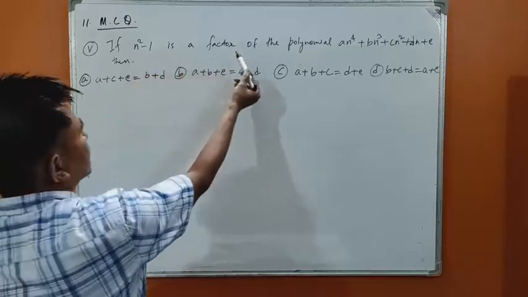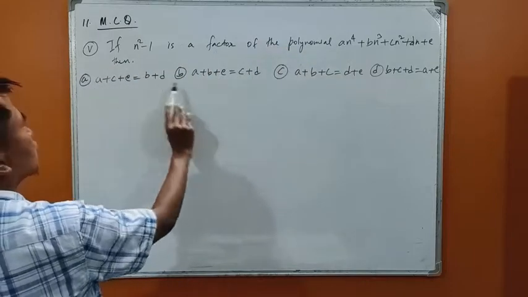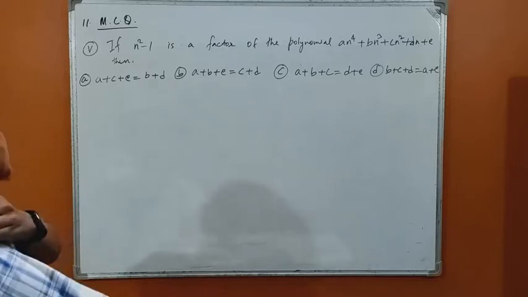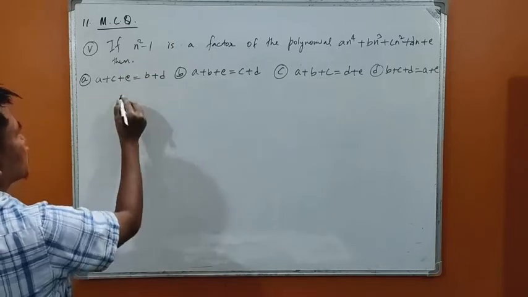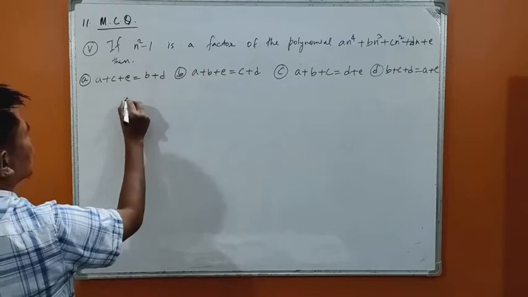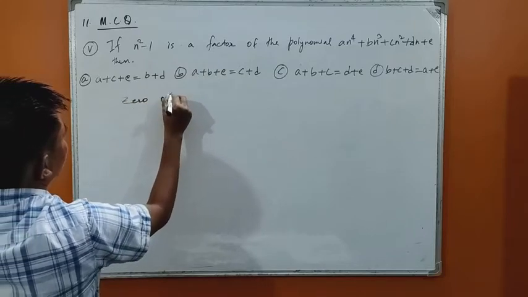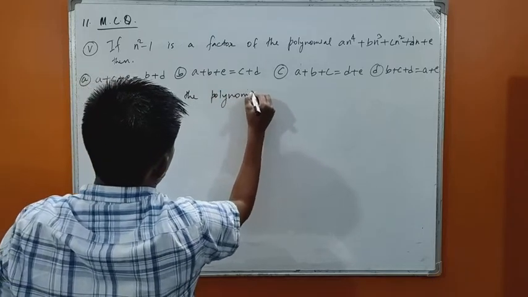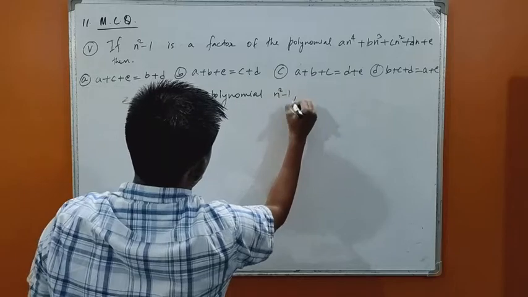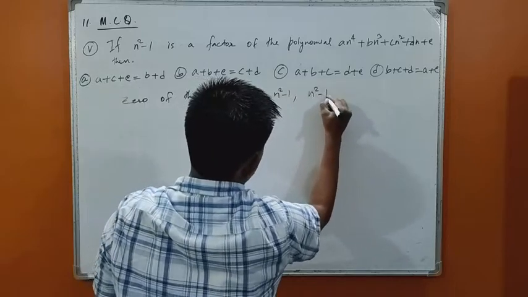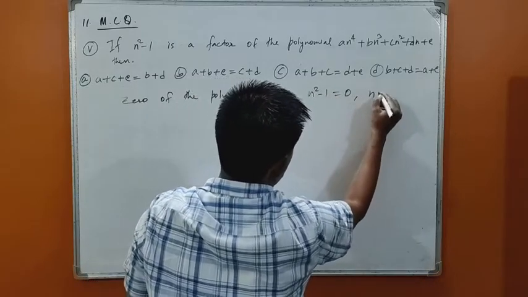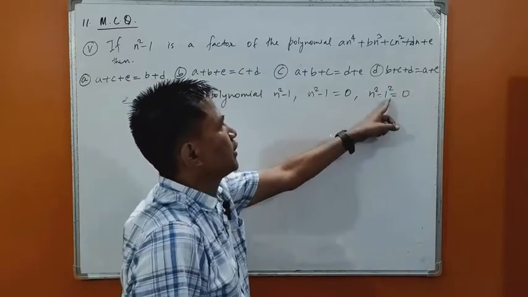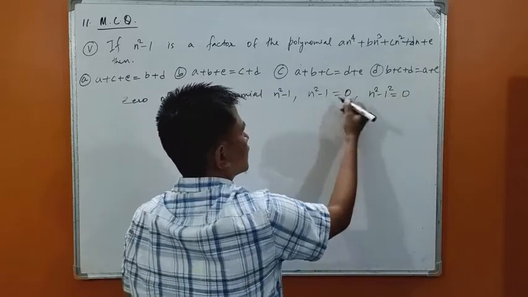If x square minus 1 is a factor of the polynomial, then which of these four relations is correct? Since x square minus 1 is a factor, the zero of the polynomial x square minus 1 equals 0, isn't it? You can say 1 means 1 square, 1 square is 1, isn't it?